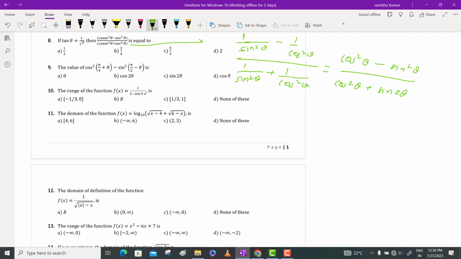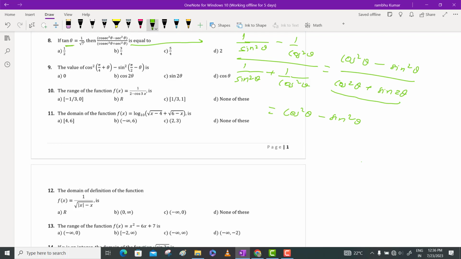Okay, so from here if we can see, then we can say this particular thing is nothing but 1. So we will have cos square theta minus sin square theta. Now cos square theta and sin square theta we have, and here it's given tan theta is equal to 1 by root 7.